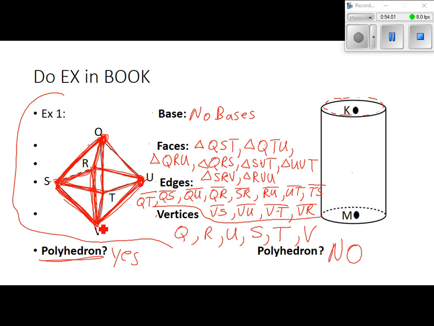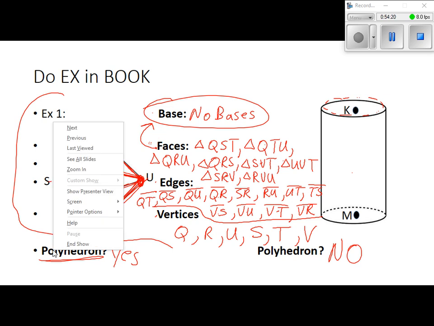There's 6 corners on this shape. So we got all 6 of them. Bases, edges, vertices. And remember, bases are going to be 2 of the faces that are parallel and congruent to each other, but this one doesn't have those.